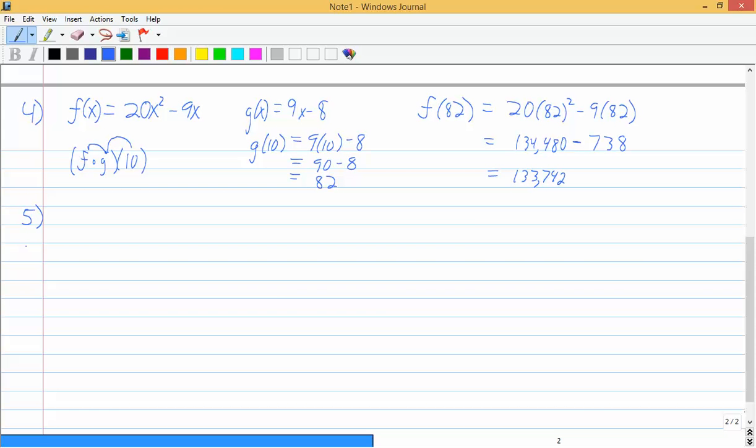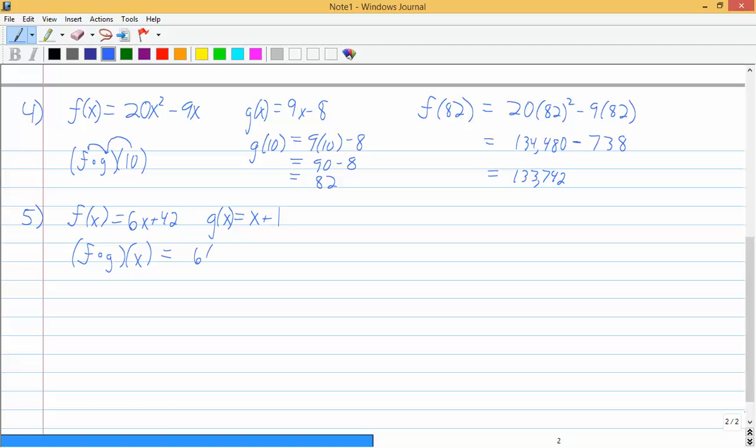Alright, number 5 says find the domain of the composite function f of g. So we need to find f of g and then find the domain of that. So f of x equals 6x plus 42. G of x equals x plus 1. So we're going to find f of g of x and then find the domain of that. So this means take the g and plug it into the f.